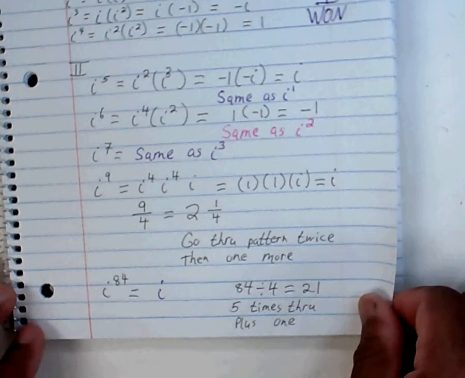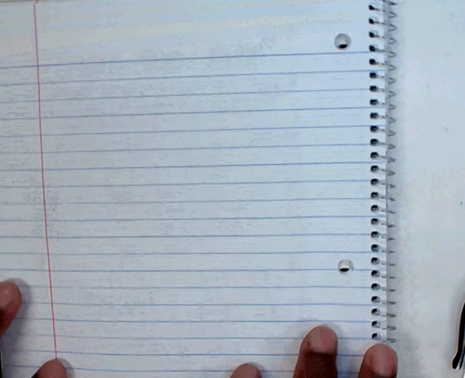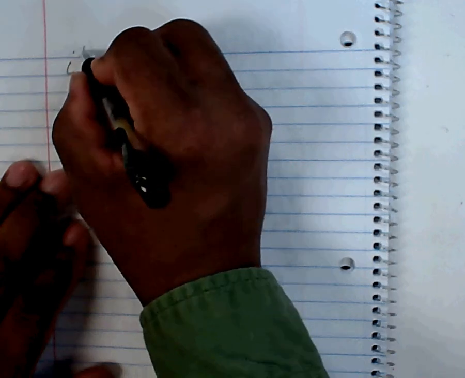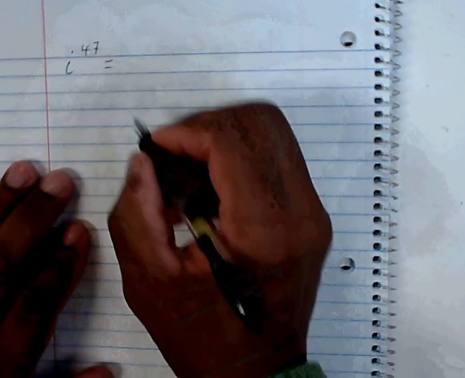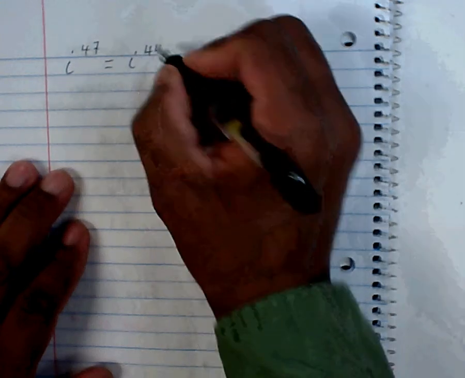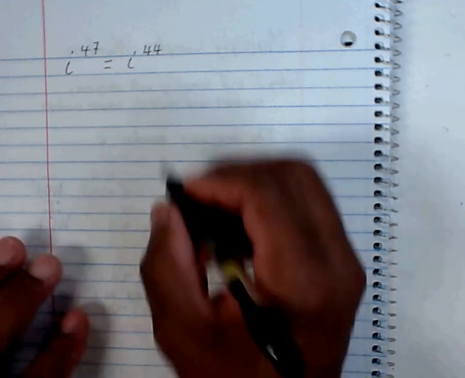It is possible to work it a little bit backwards, in that if I looked at what is i to the 47th, I can look at it as i to the 44th. That's the going through the pattern completely as many times as I can, which would be 11.